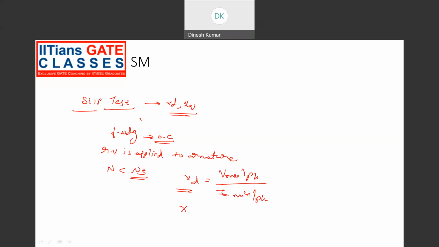And similarly, when the armature MMF aligns with the Q axis, we get the value of the quadrature axis reactance, that is given by V min per phase by IA max per phase. So with the single voltmeter and ammeter, they take down the maximum reading and the minimum reading from the two meters, and then they calculate XD and XQ.